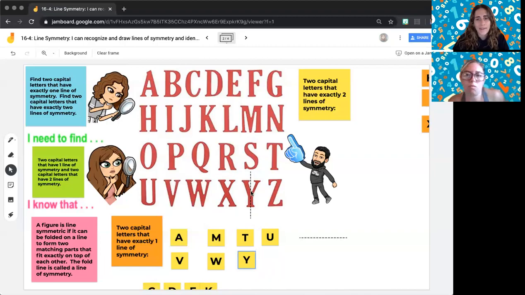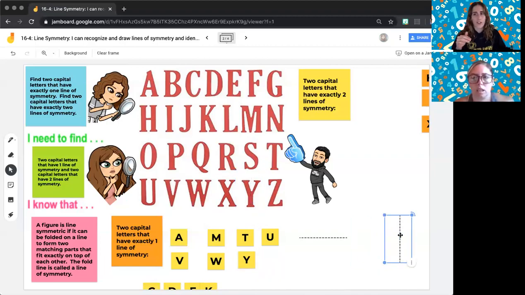What you're making me think now, when we check horizontally, instead of checking if the left and right are the same, we have to think if the top and bottom of the shape are the same. Yep. So all the letters on the bottom that we chose, A, M, T, U, V, W, Y, have one line of symmetry going straight down through them, and both sides match up.